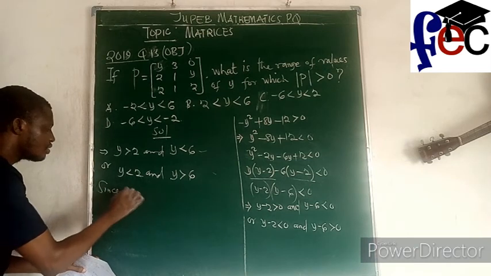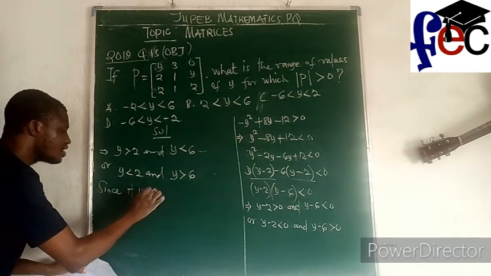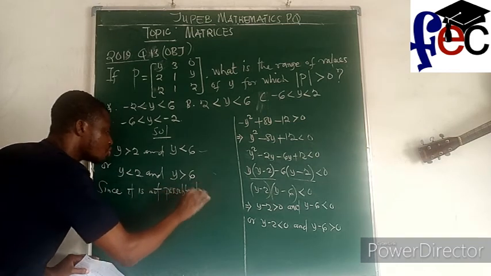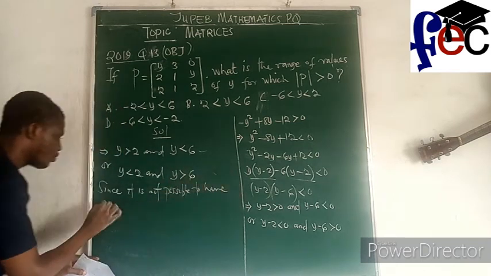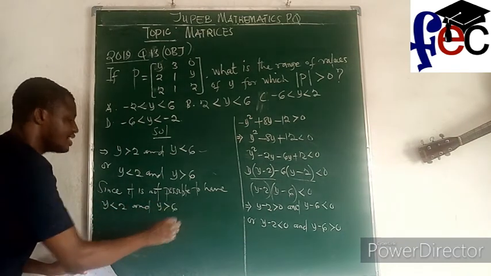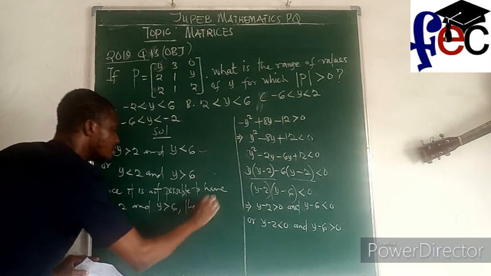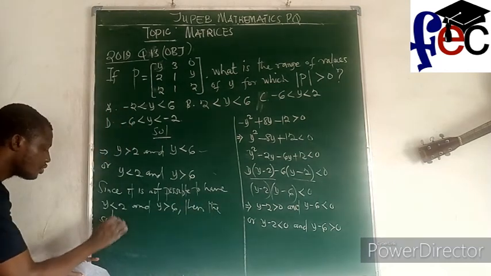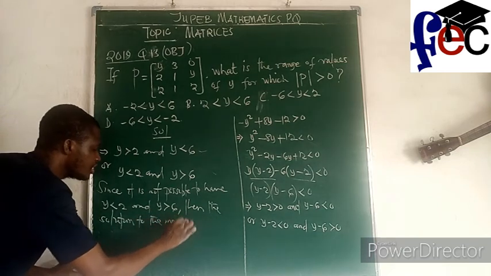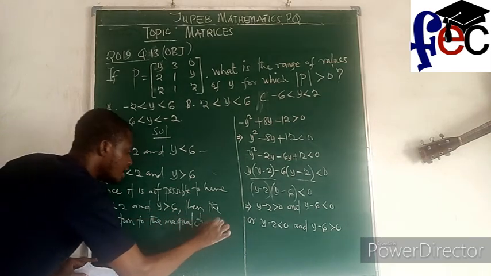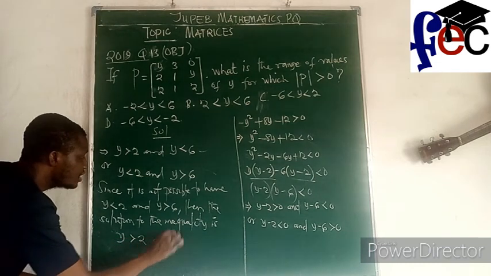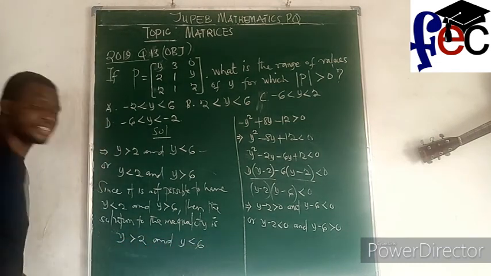Since it is not possible to have y less than 2 and y greater than 6, the solution to the inequality is y greater than 2 and y less than 6.